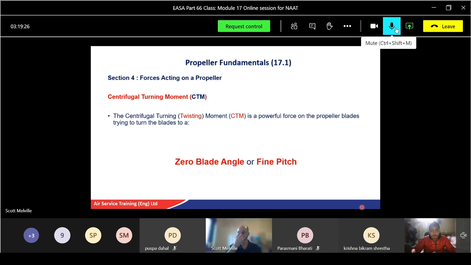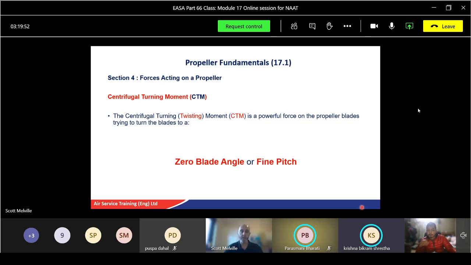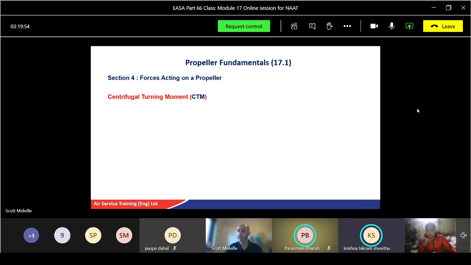Purely by the centrifugal force, so there's no control there. If you spun the engine fast enough with no control for the blades, it would just go to a fine pitch. So centrifugal turning moment: zero blade angle, very fine pitch.